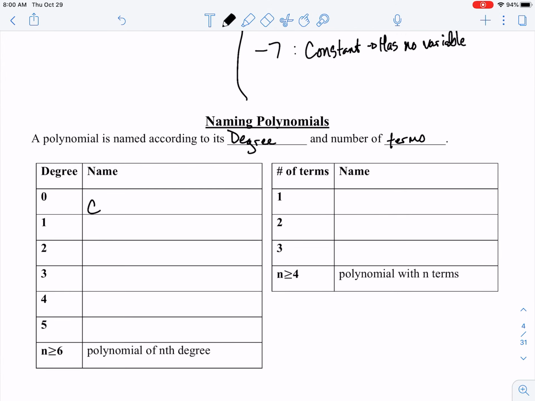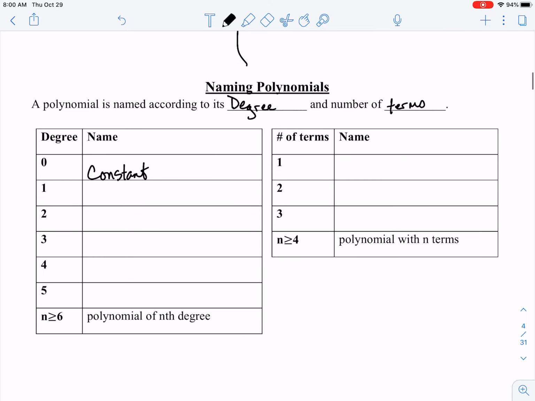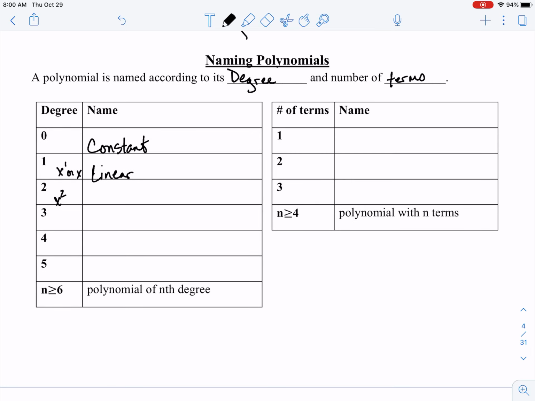So therefore, it's just a constant. If a degree is 1, so like x to the first power, or just x, it's a linear polynomial. If it has a degree of 2, so the highest exponent is a 2, it's a quadratic. If it would be 3, then it's a cubic.